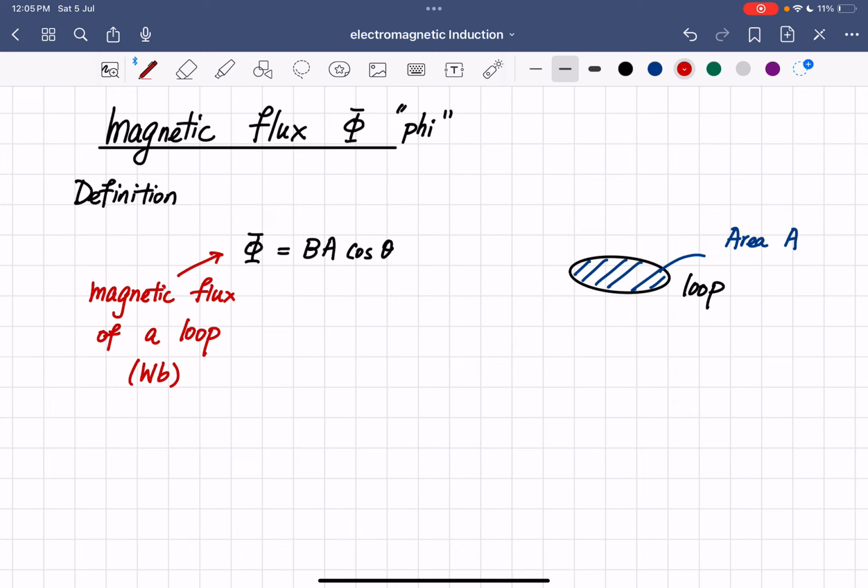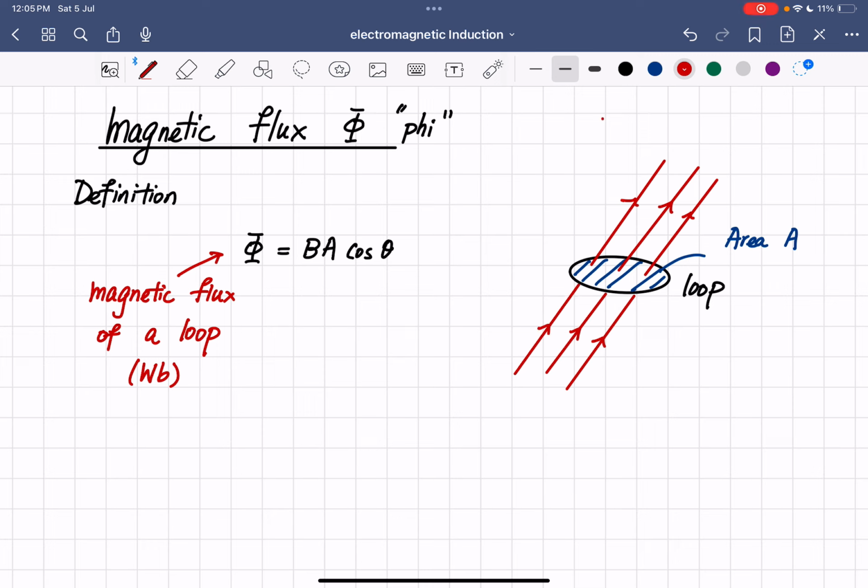And then you've got some magnetic field. This magnetic field may not really be going through the loop perpendicular to it. So you can think about a magnetic field with field lines going in this kind of direction. Like this.